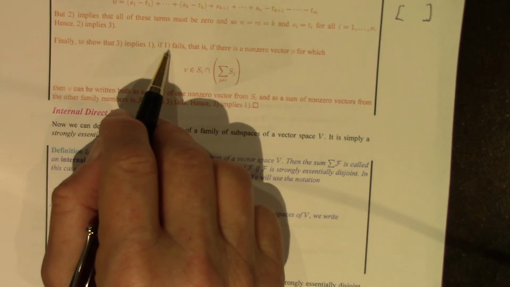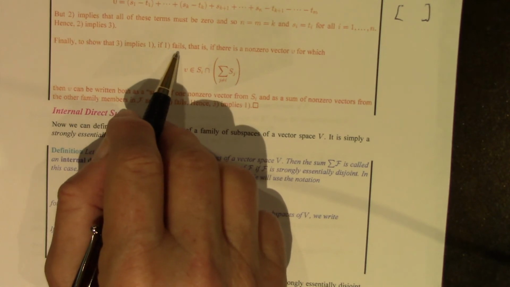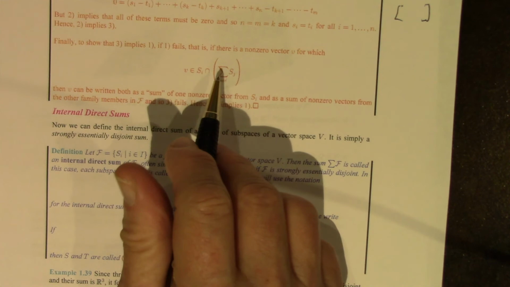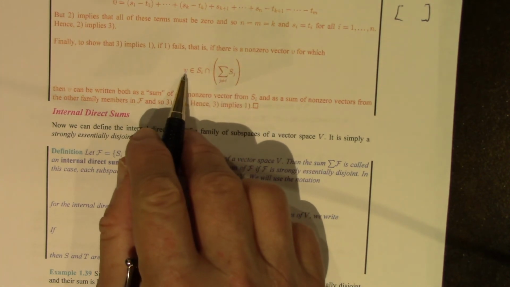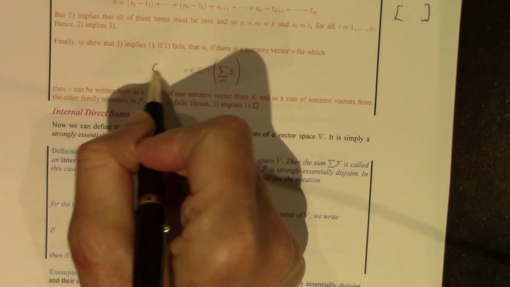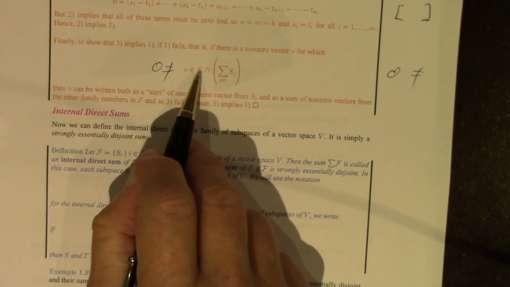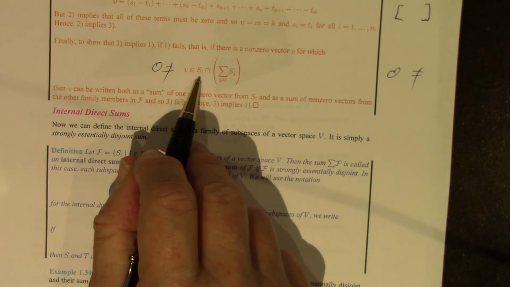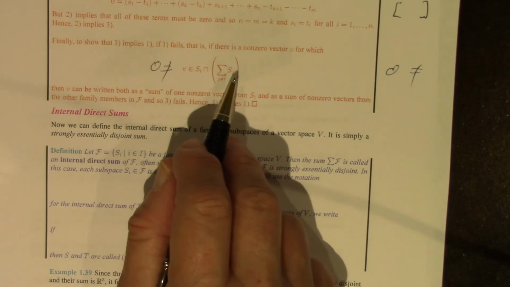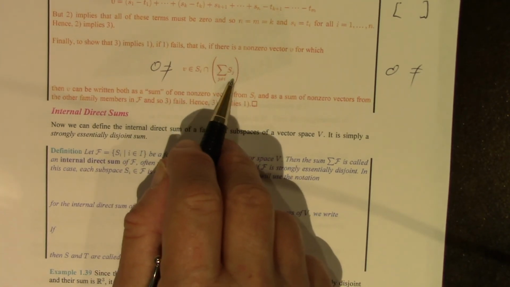If the family is not strongly essentially disjoint, that means there's a non-zero vector, we should write non-zero here, that is in one of the subspaces of the family and also in the sum of the other subspaces.